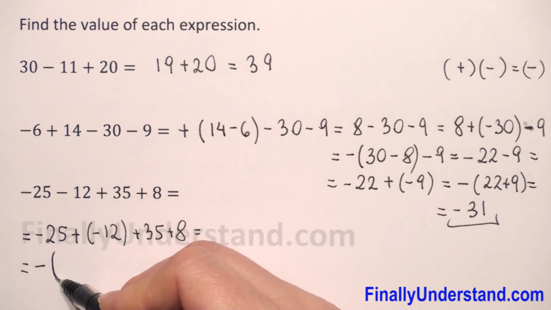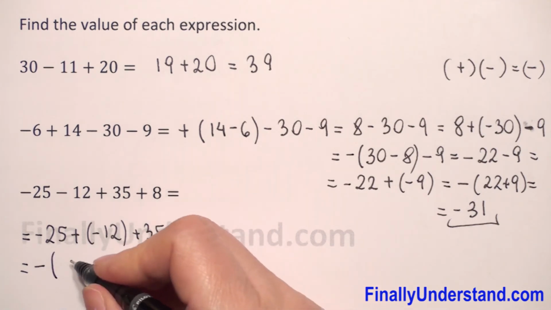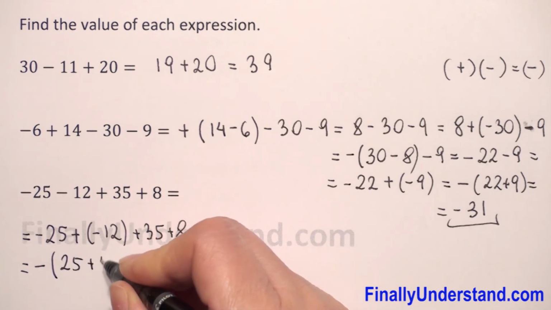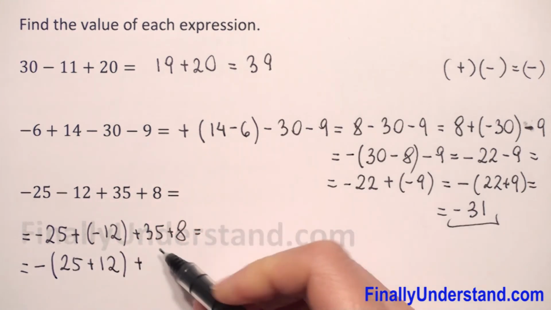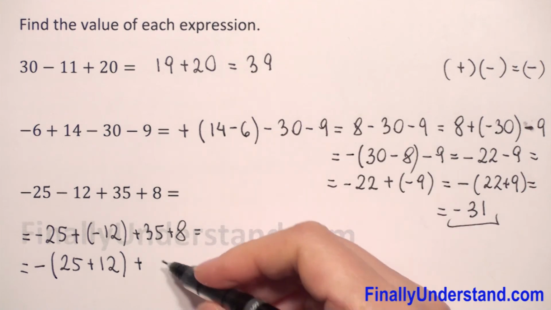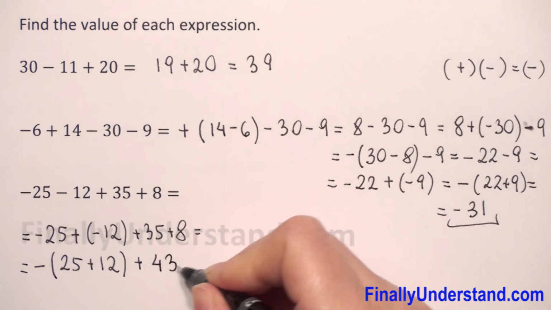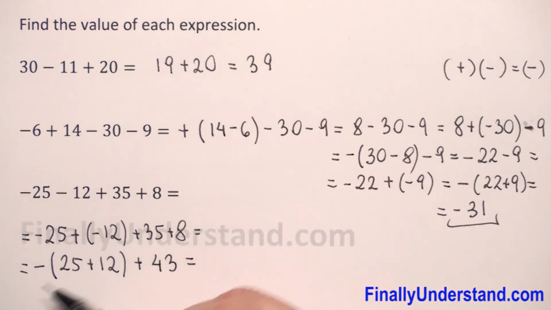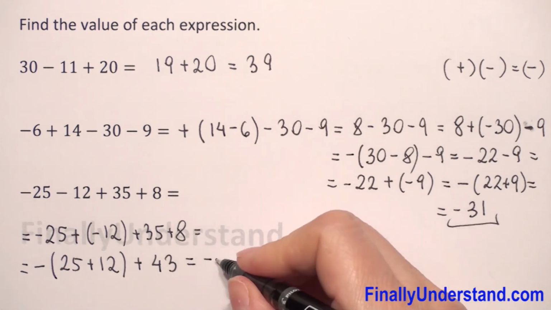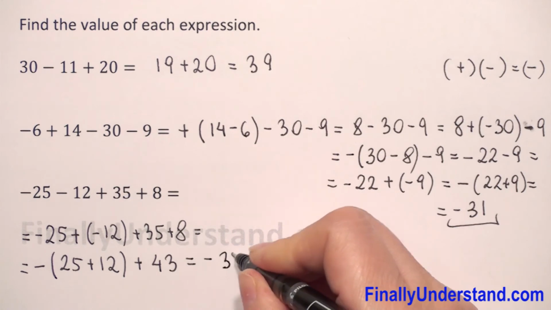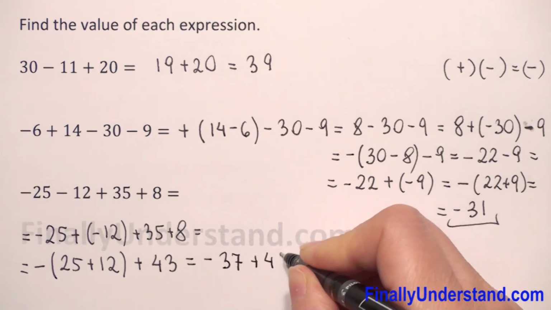Next, we just add these two numbers, 25 plus 12, 35 plus 8. This is 43, we can write. So this is equal. Negative sign we rewrite. 25 plus 12 is 37 plus 43.